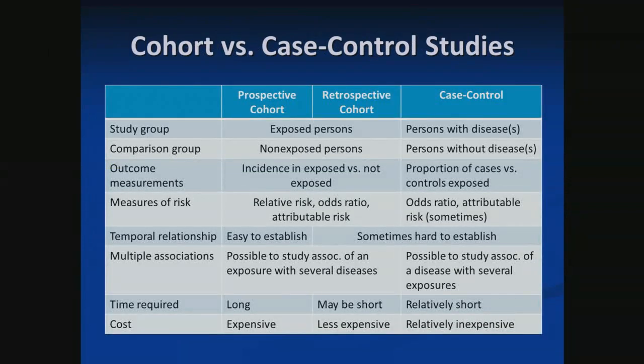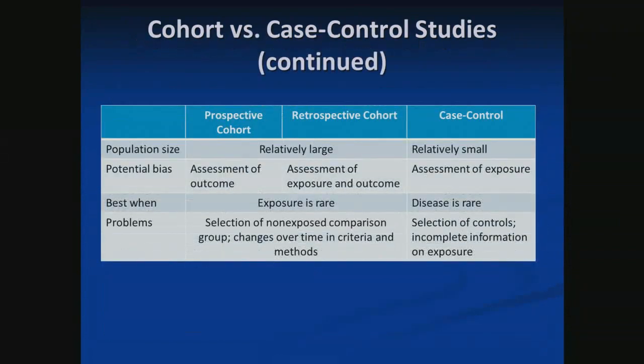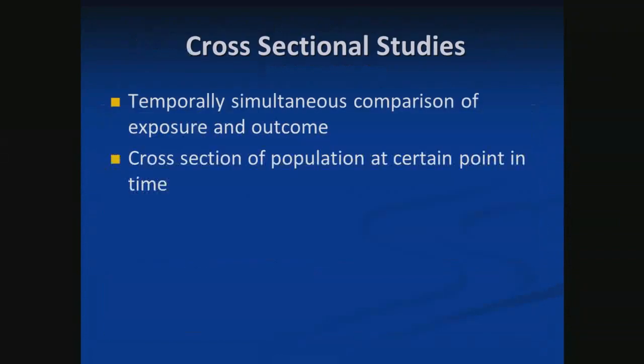The tables here are just for your reference, and they go through the semantics we talked about: what is a prospective cohort study, retrospective cohort study, case control study, and the common measures of risk that are used. This is an excerpt from Leon Gordis's epidemiology textbook, which is very, very useful. So it's just a cheat sheet. And this is just the rest of it. So feel free to look at those slides.